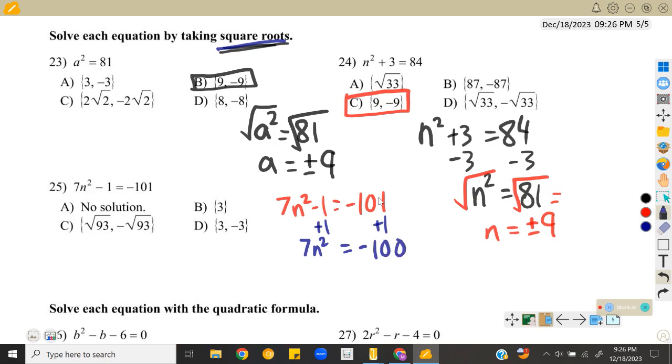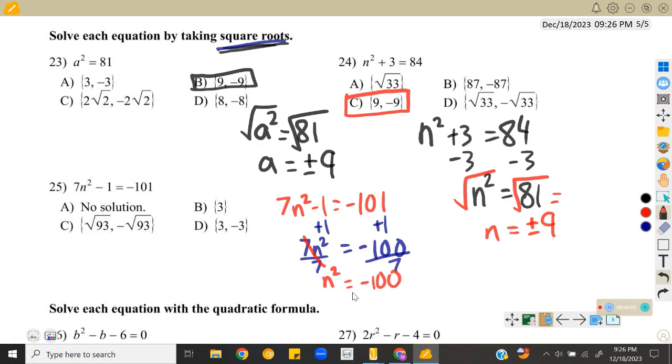So -101 plus 1 equals -100. Do not say at this point in the semester that we have -102. Well, the very next thing that we would do is divide both sides by 7. And we could do that. But we can see at this step, we're going to end up having to take the square root of a negative number.